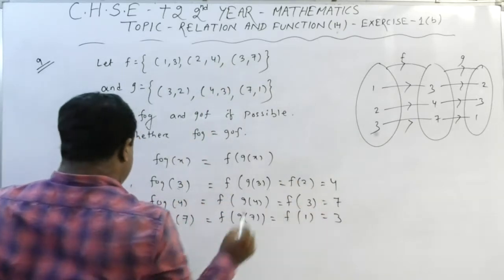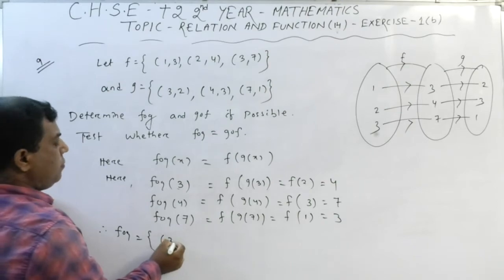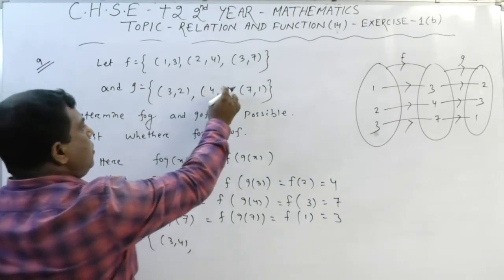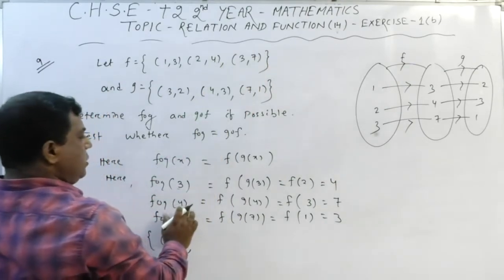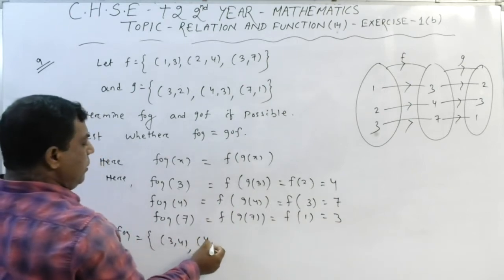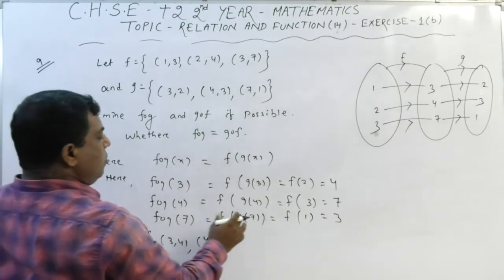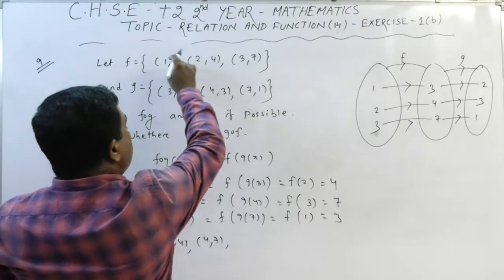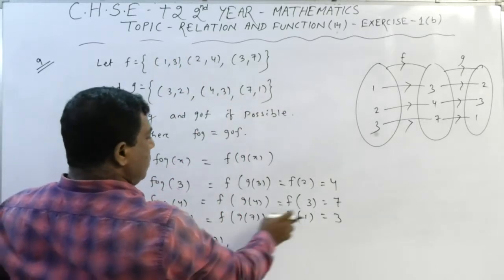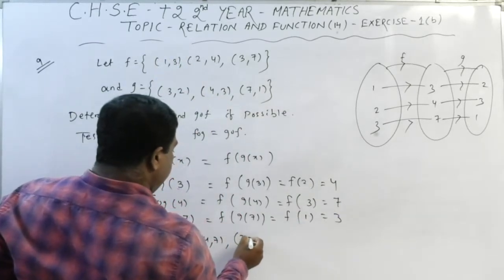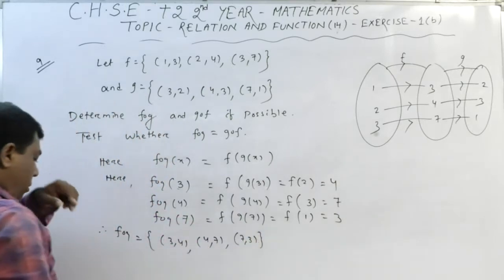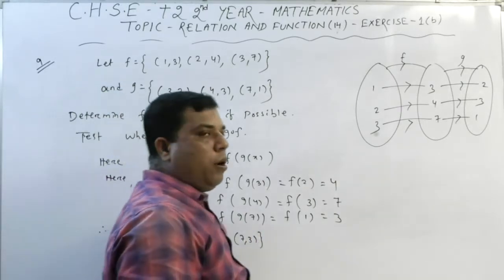So it is (3, 4). 4 converts to 3, 3 converts to 7, so (4, 7). 7 converts to 1 and 1 converts to 3, so fog of 7 is 3. So it is (7, 3). In this way fog is defined.